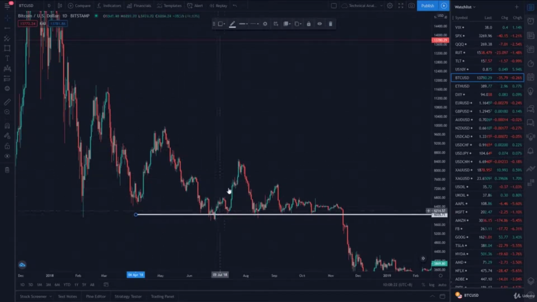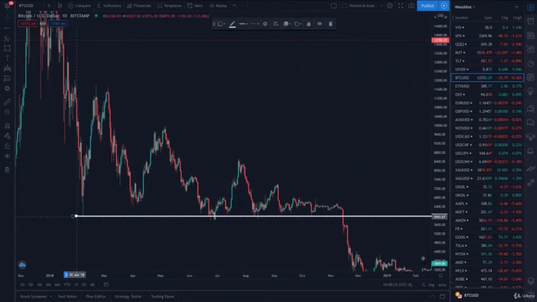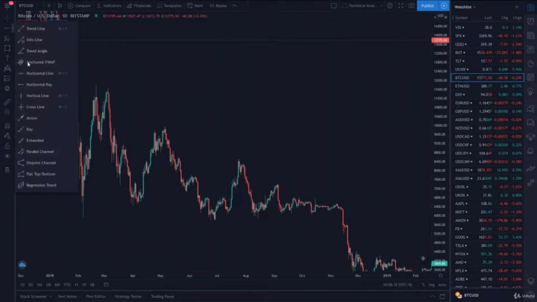Bitcoin tested it once, back down here. Okay, tested twice, tested thrice, tested 4 times, 5 times. This was a very strong area of support.